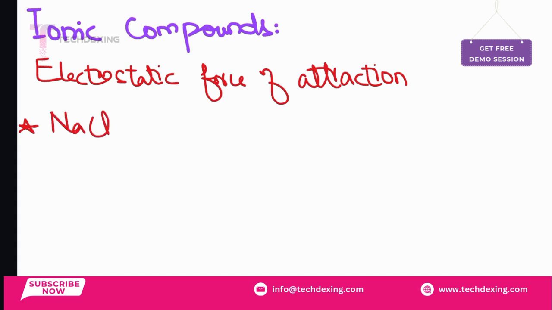Shan, one of the best examples of the ionic compound is sodium chloride. It's the table salt that we use in our kitchen, that we use in our food. We have studied that the composition of sodium chloride is made up of sodium with a positive charge and Cl with a negative charge.